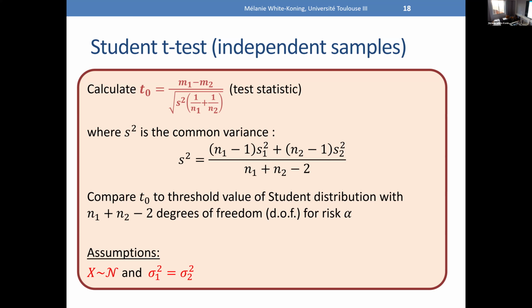So did you find the values? 9.93. Okay. So S squared, you have to calculate it first.